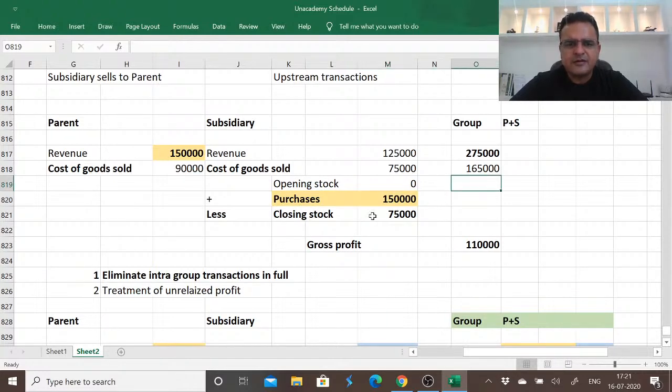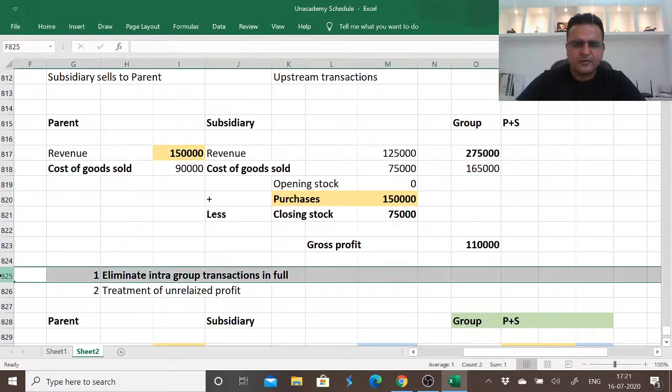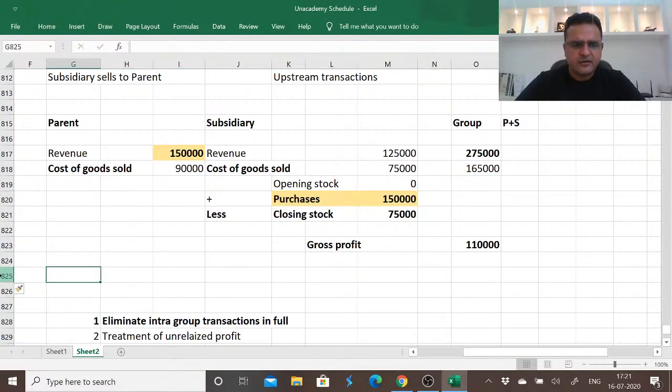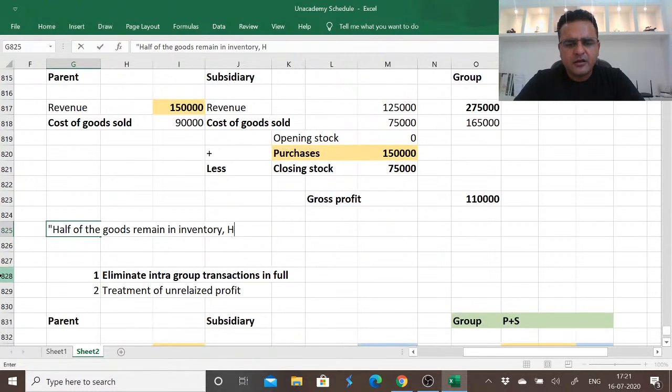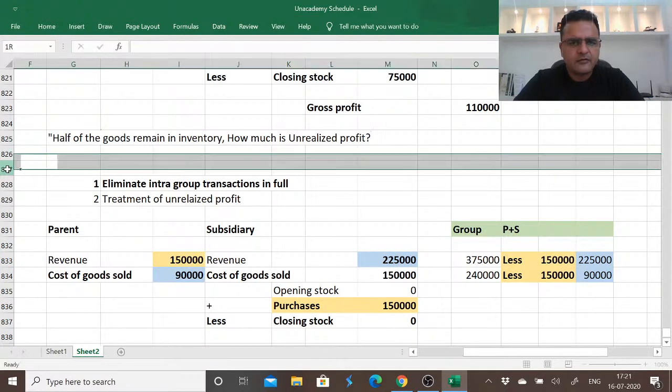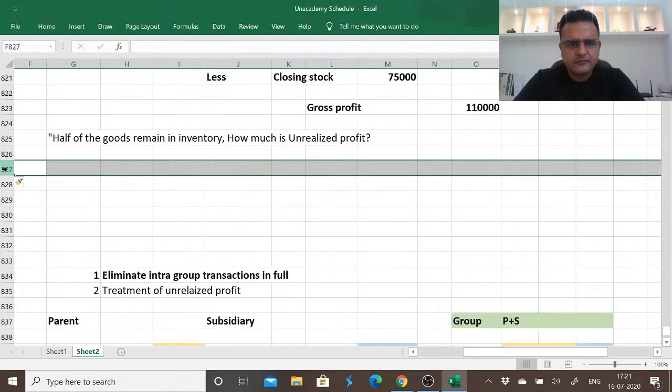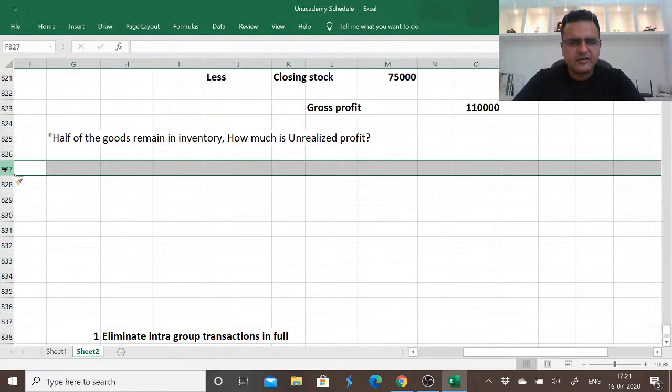In this example, there is unrealized profit because half of the goods remain in inventory. If half of the goods remain in inventory, how much is the unrealized profit in it?